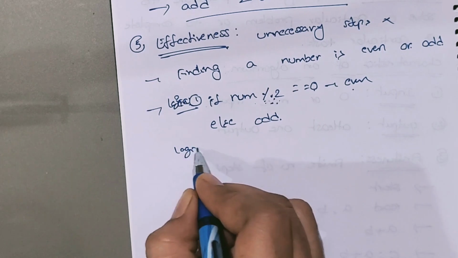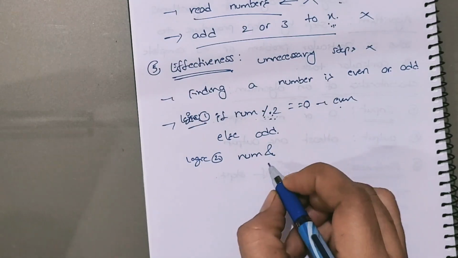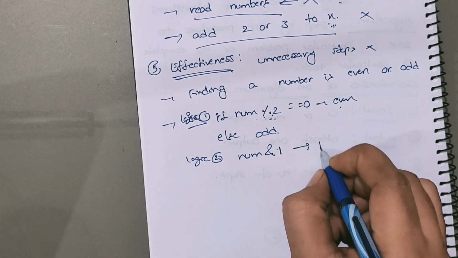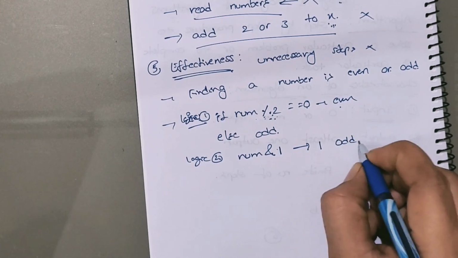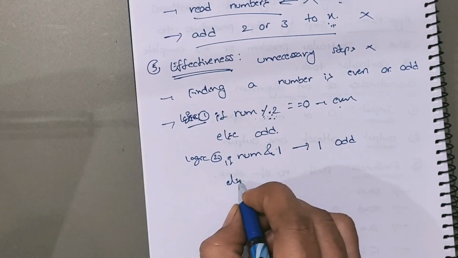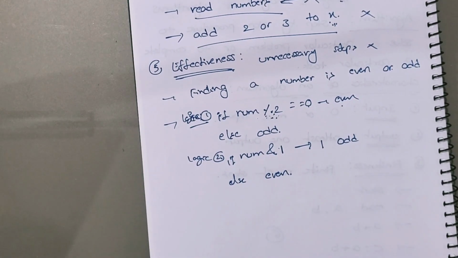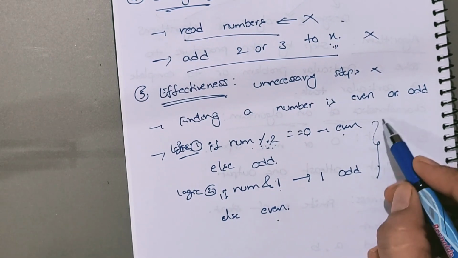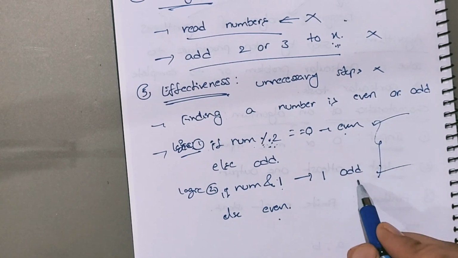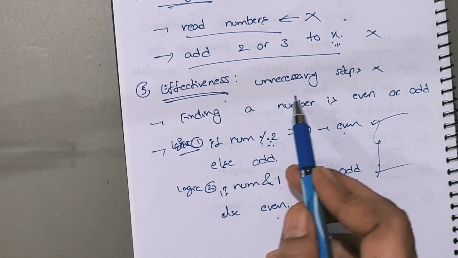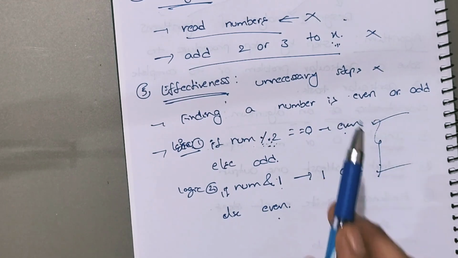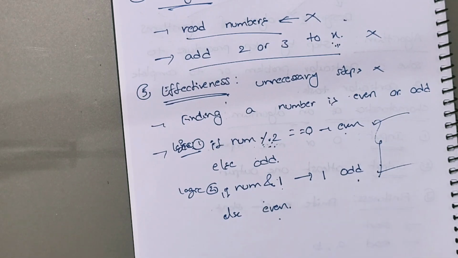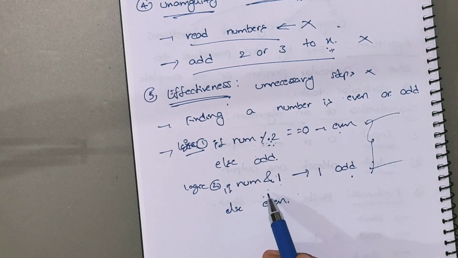Another logic is: if number AND 1 returns 1, then it is odd, otherwise it is even. So in a single algorithm, you don't need to write both logics, right? You can choose this one or this one. No need to write both. So effectiveness means in your algorithm, you write only the necessary steps, not unnecessary steps. This is only an example. All are characteristics of the algorithm.